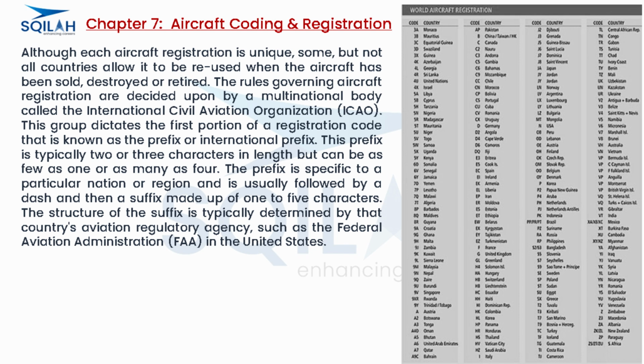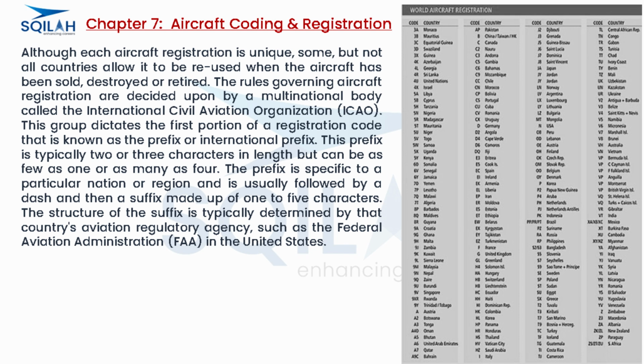This group dictates the first portion of a registration code that is known as the prefix or international prefix. This prefix is typically 2 or 3 characters in length, but can be as few as 1 or as many as 4. The prefix is specific to a particular nation or region and is usually followed by a dash and then a suffix made up of 1 to 5 characters.